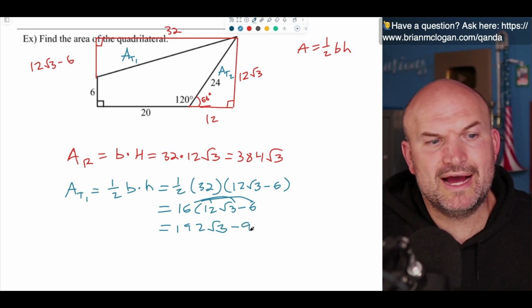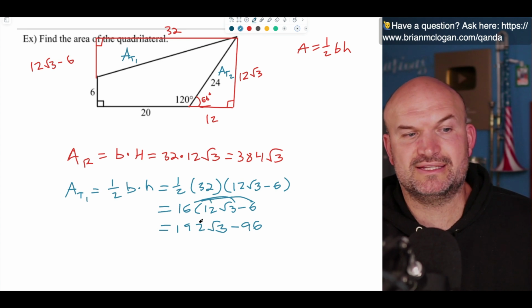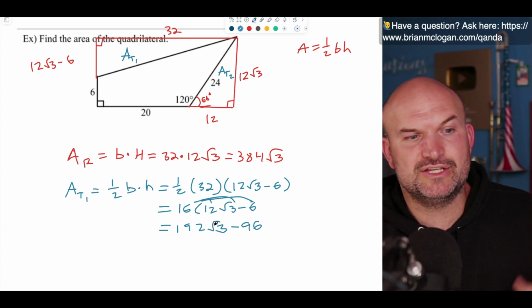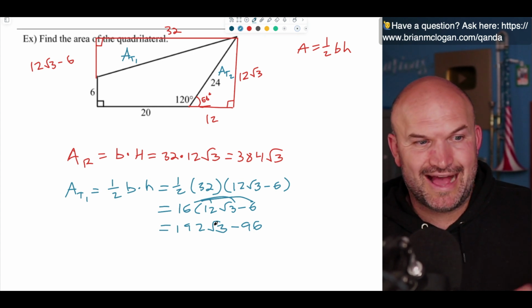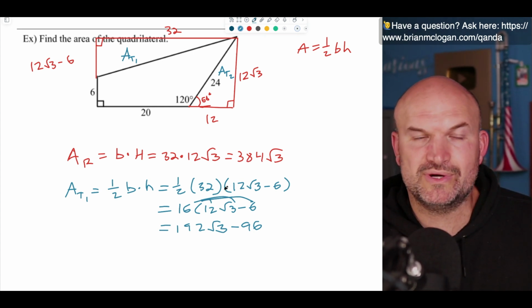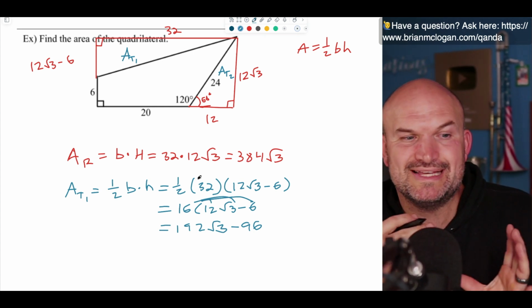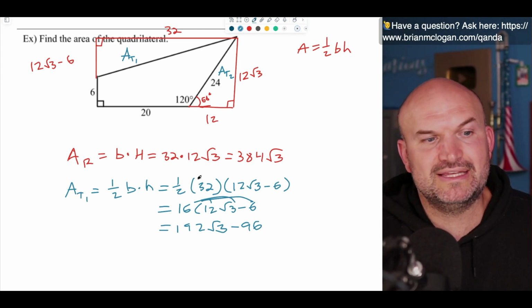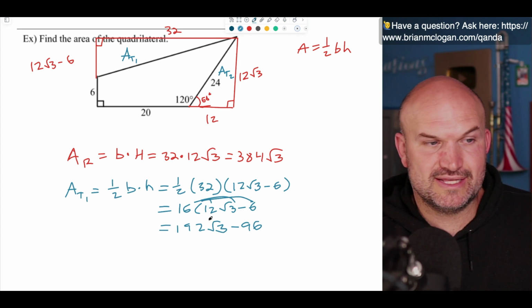You might be asking, why are you not using decimals? Well, these are irrational numbers, so I don't want to multiply them until I get everything together. Since they all have a square root of 3, I can combine them at the end and get an exact answer, and then we can do a rounded answer. So I'm going to leave everything with the radicals as they are.